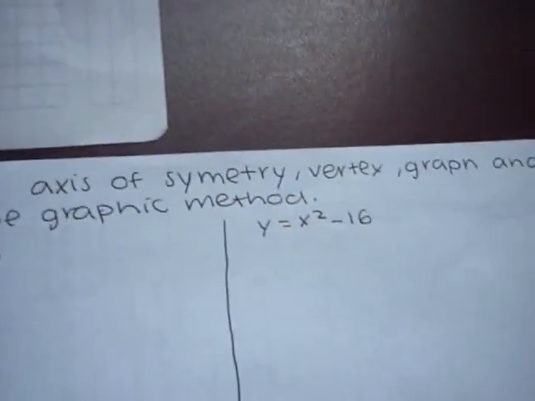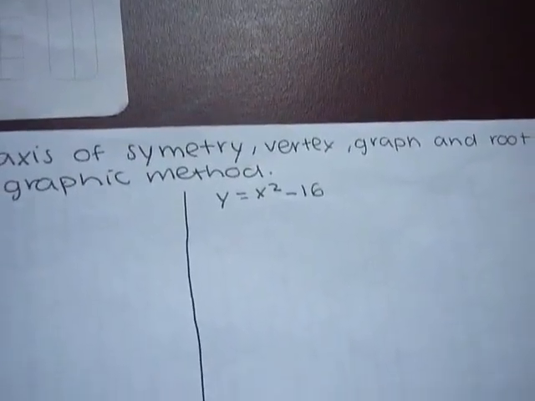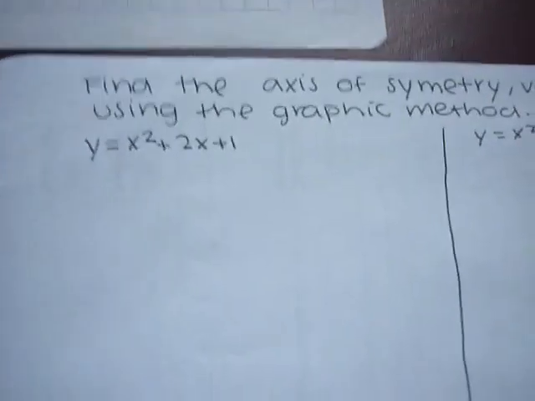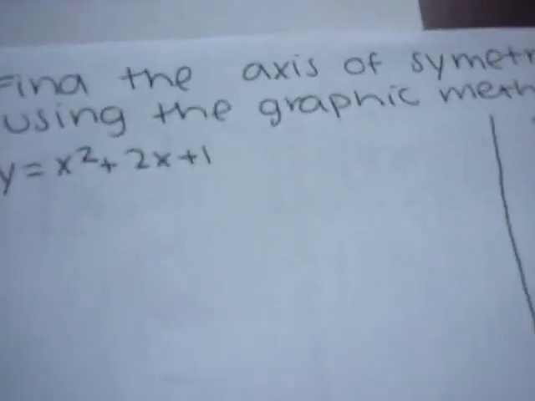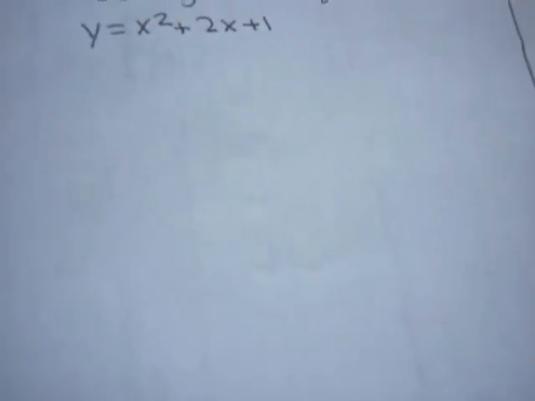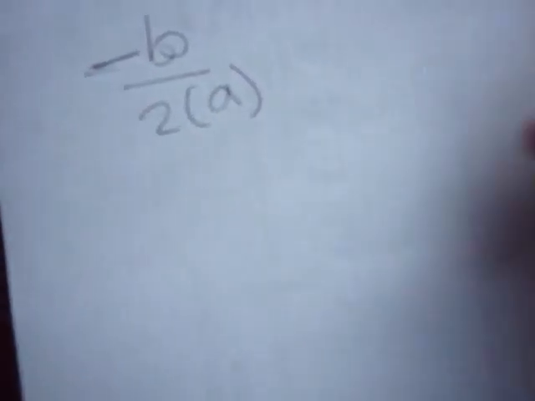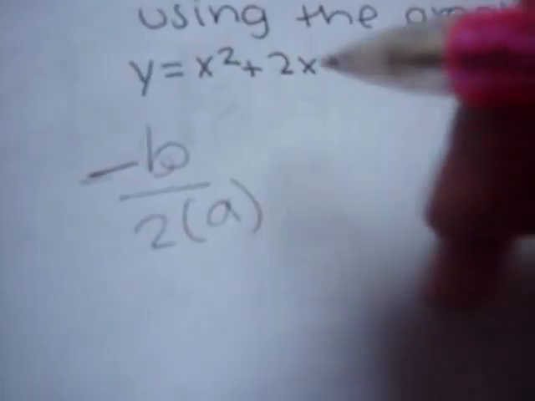Find the axis of symmetry, vertex, graph, and roots using the graphic method. Okay, so first, to get the vertex, we have to make this equation. Then we substitute.